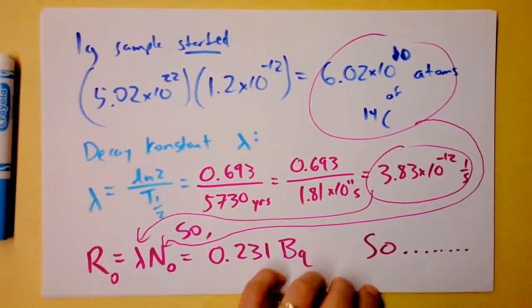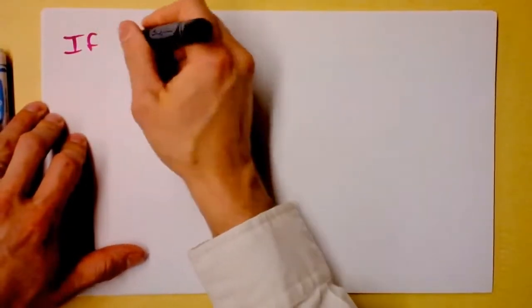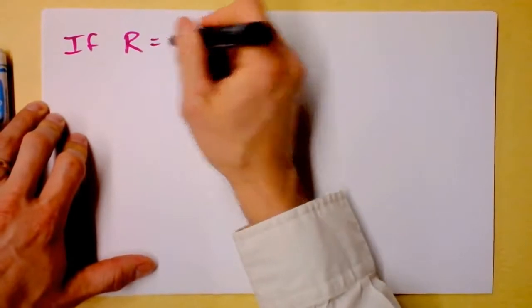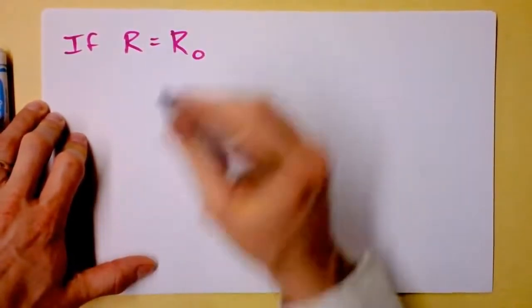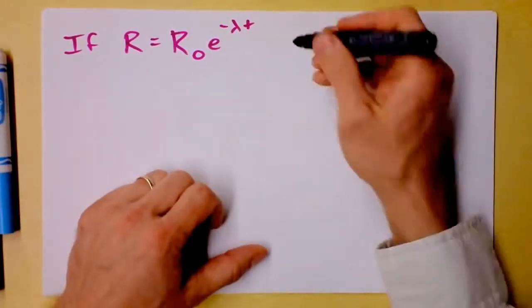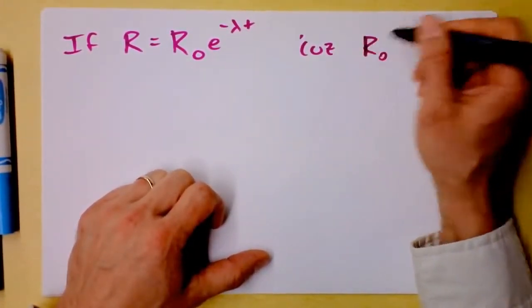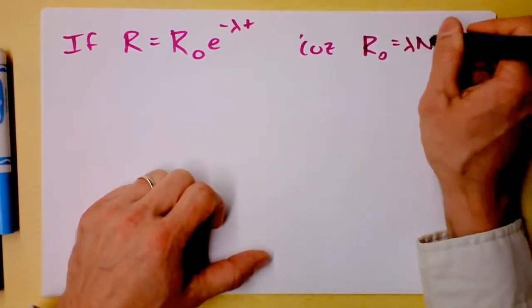So, here's my statement: the activity now is the original activity times the exponential, e to the minus lambda t. Why can we say that? We can say that because we know that the original activity is just lambda times N naught.